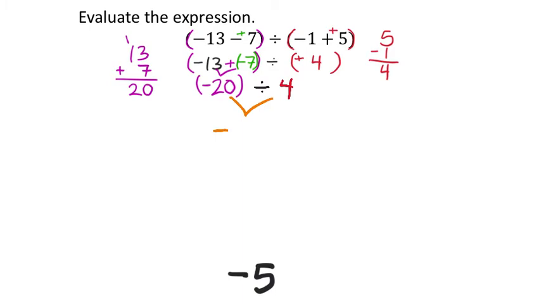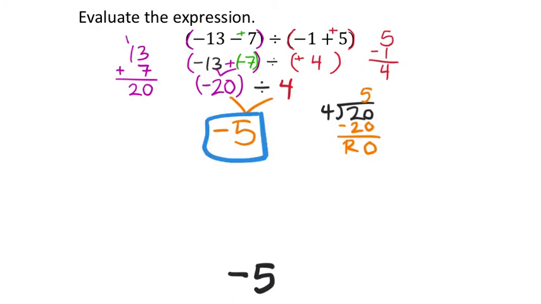However you want to look at it, this answer is going to be negative. Now that I have that, I can take the two values and divide them. So that'd be 20 divided by 4. Well, 4 goes into 20 5 times, and 5 times 4 is 20, so nothing remaining, that's nice. But I end up with -5, just like we thought in the beginning here, and that's it for this one.